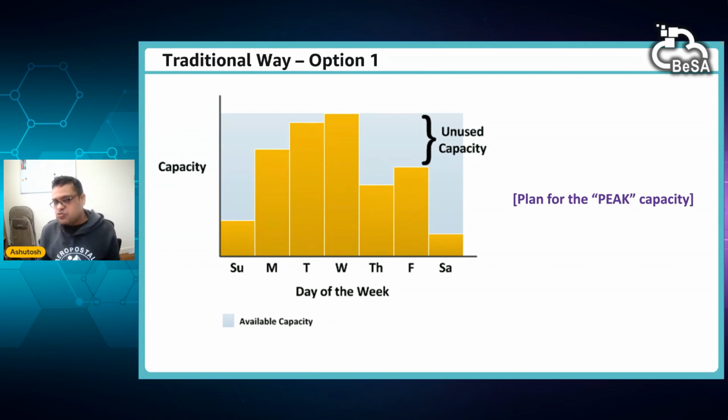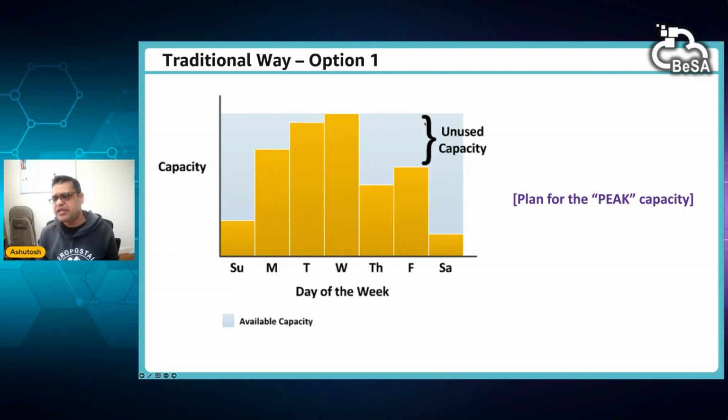In on-premise, we baseline the application, and we cater for the peak performance. So suppose you baseline that at the peak we need 100 servers, then we will have those 100 servers always ready. Even when we need 10 servers, 90 servers will be sitting idle. We need 50, we'll have 50 servers sitting idle.